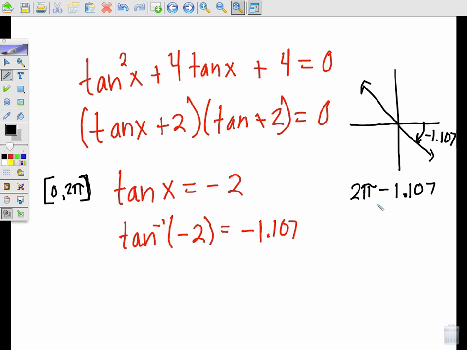So I can take 2 pi and subtract the 1.107, and when I do that I'm going to get 6.176. So one answer is 6.176, and that answer is located right here going all the way around.